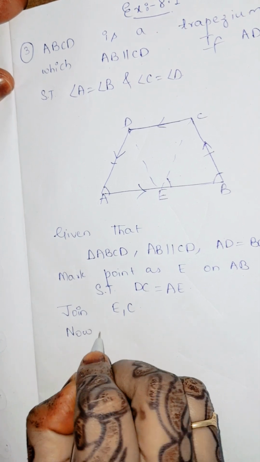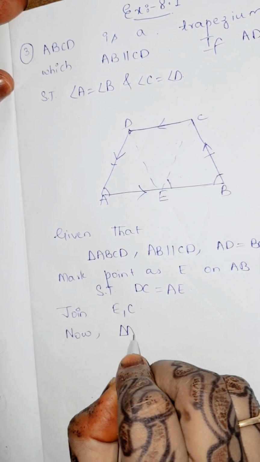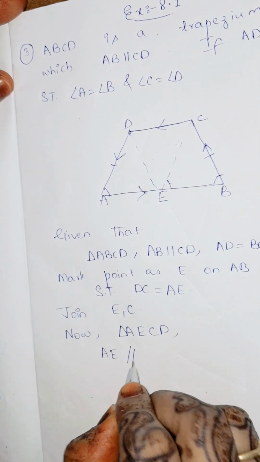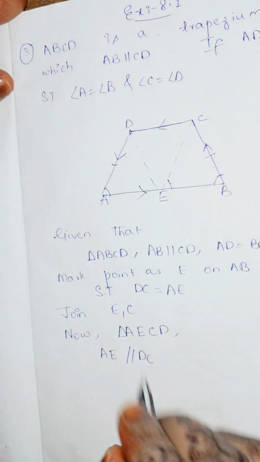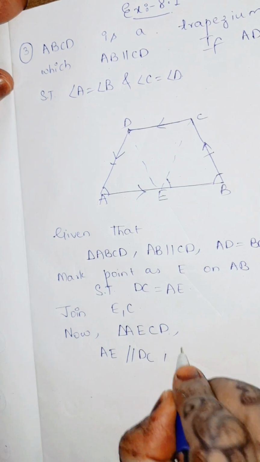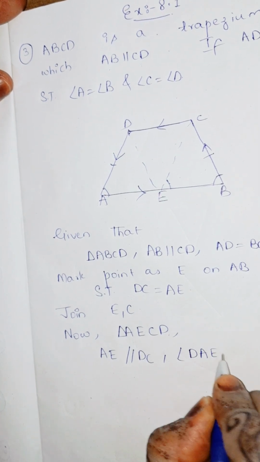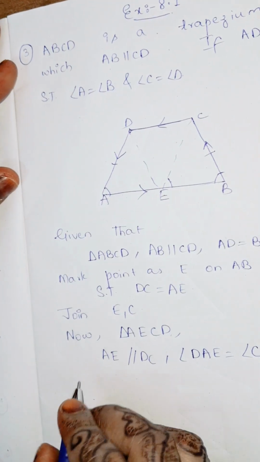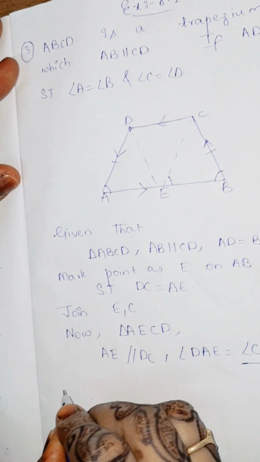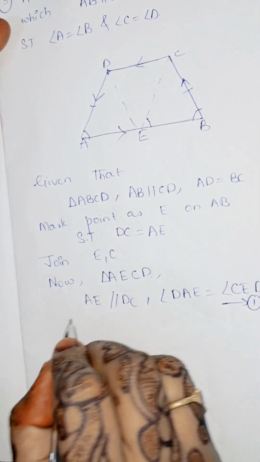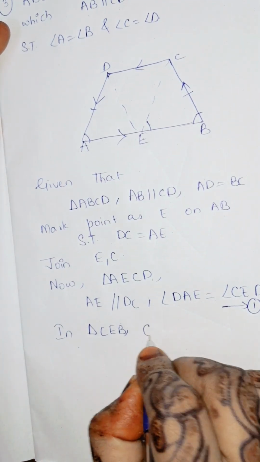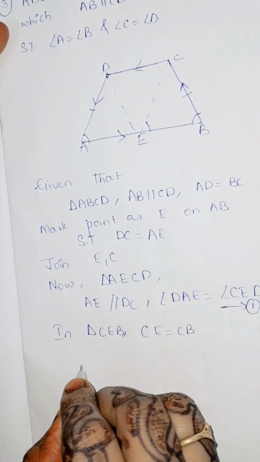Now in quadrilateral AECD, AE is parallel to DC, yes, since it is a parallelogram, and angle DAE is equal to angle CEB, right, corresponding angles. Let this be 1. And next, in triangle CEB, CE is equal to CB, right?